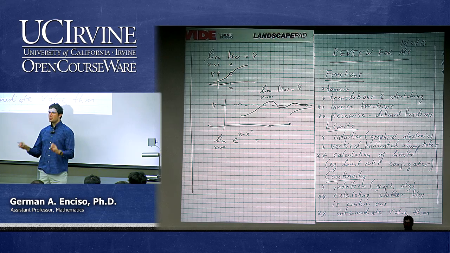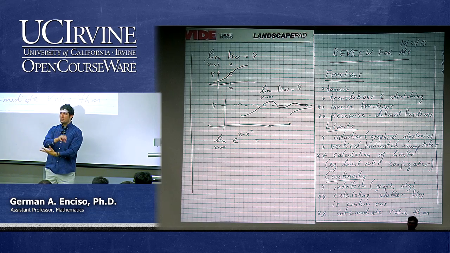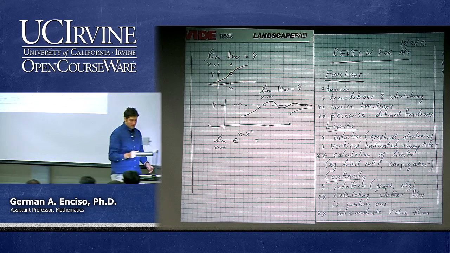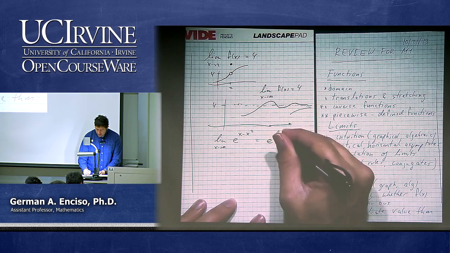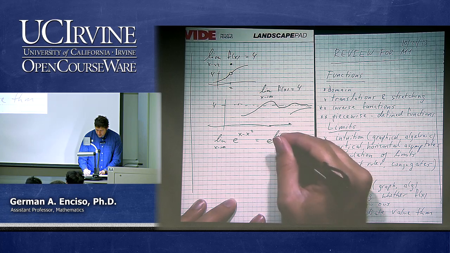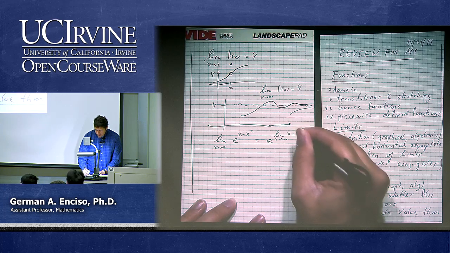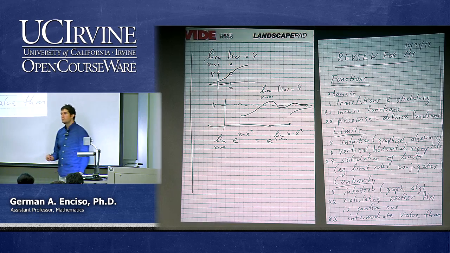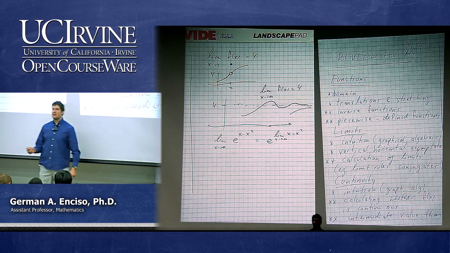When a function is continuous, for example, the function e to the x is continuous, then you can bring the limit inside of the function. So this is equal to e to the limit when x goes to infinity of x minus x squared. Okay, that's a powerful trick to figure out values of limits.